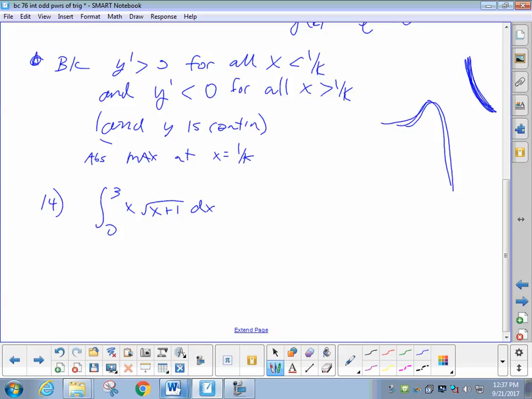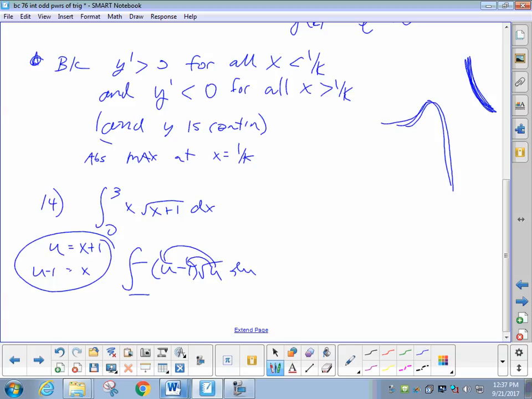U sub allows you to distribute in. If you call U x plus 1, then x is U minus 1. That allows you to make this switch of where the root is so that you then can distribute, and you're home free. So that's your U, and then you can work out the rest.